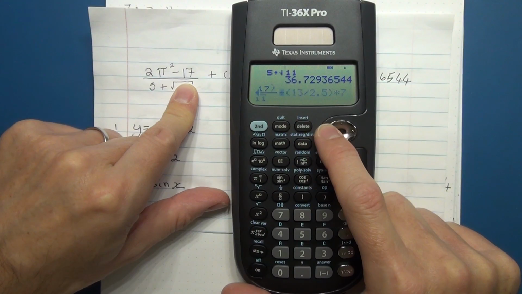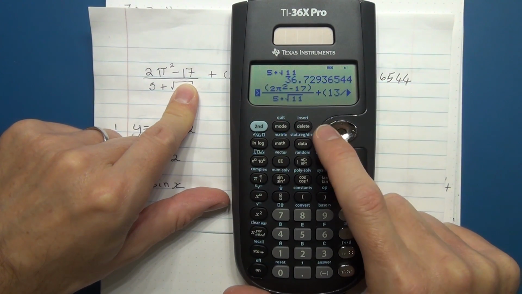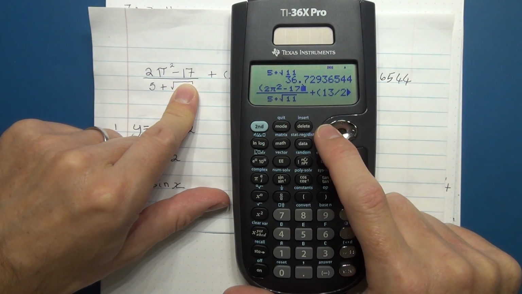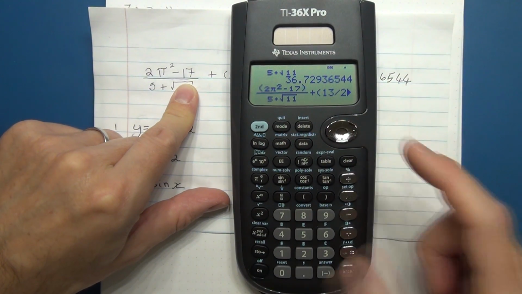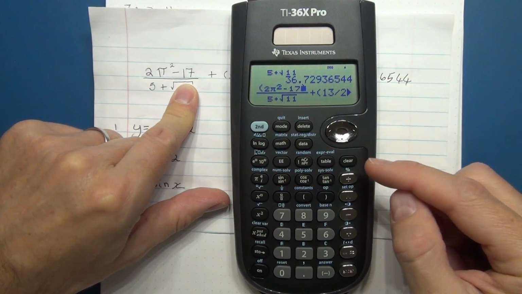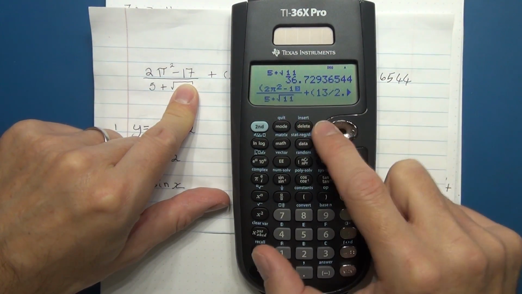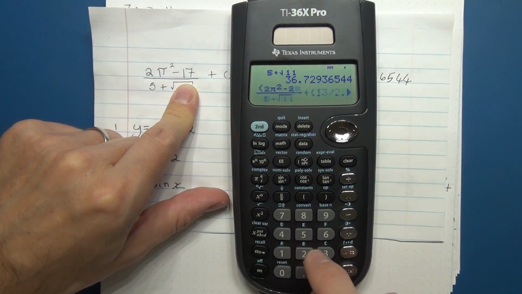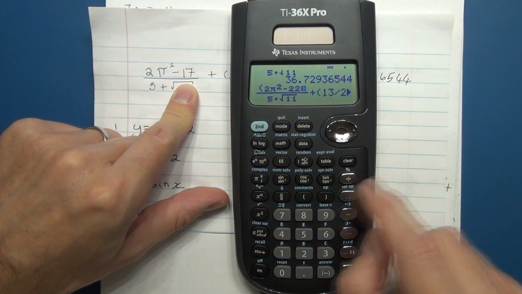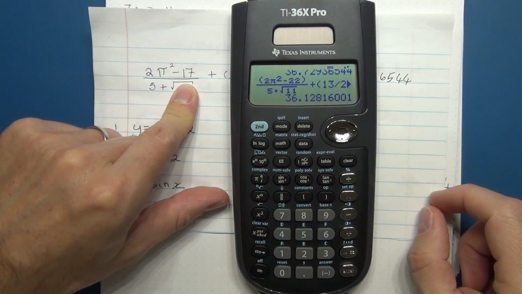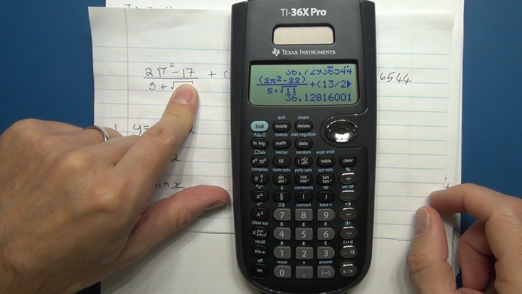I can simply cursor along to that 17. I can go and backspace it or delete it. I didn't delete correctly there, but I can go and enter 22. I need to close the parentheses, push the enter key, and I get a new result straight away.